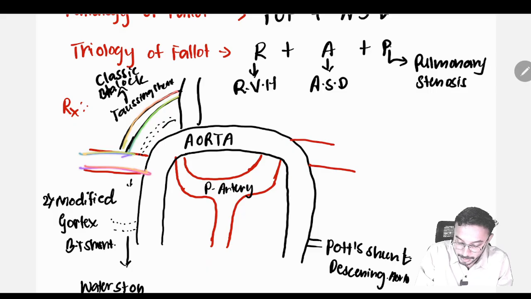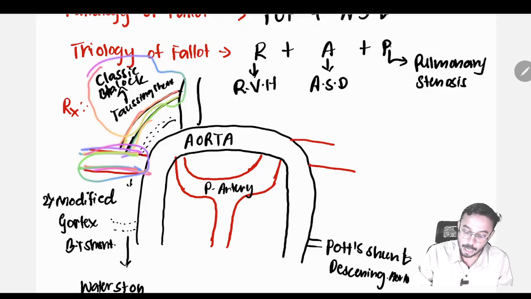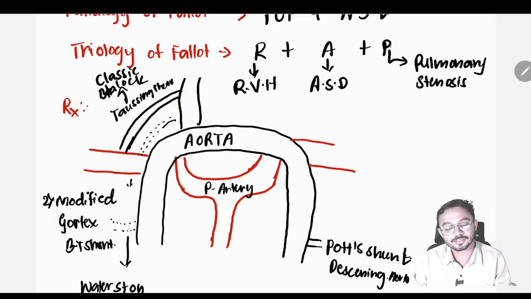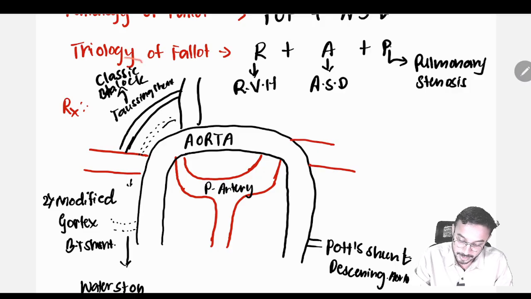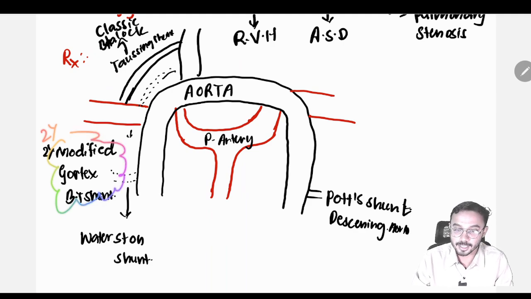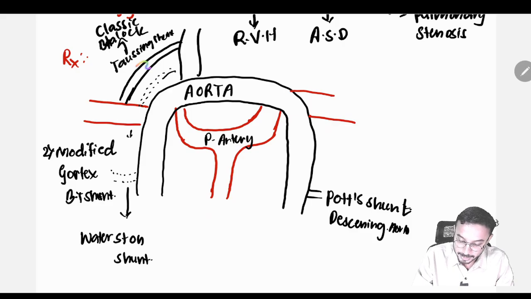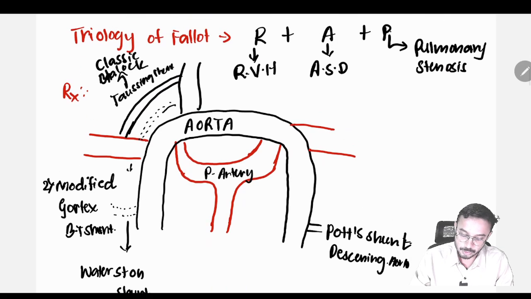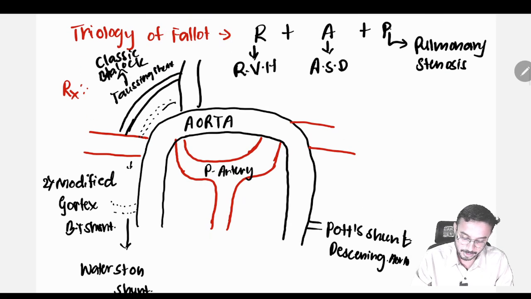When the subclavian artery is connected to the pulmonary artery, that is known as the classic BT shunt, Blalock-Taussig shunt. BT shunt is used in tetralogy of Fallot and others. Okay, so this is the classic BT shunt. And one more shunt is the modified Gore-Tex BT shunt. Here also it is the same. I am connecting the subclavian artery to where? Tell me. Where are you connecting this subclavian artery?